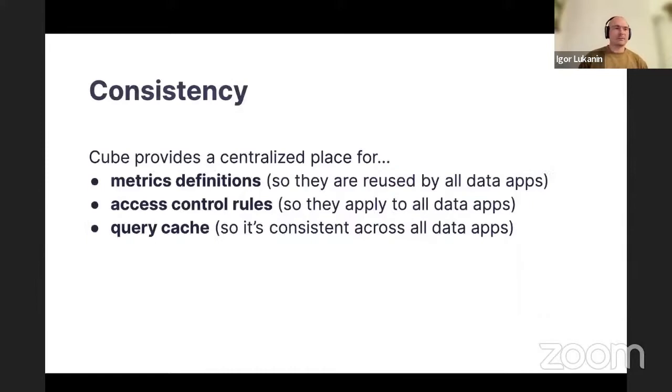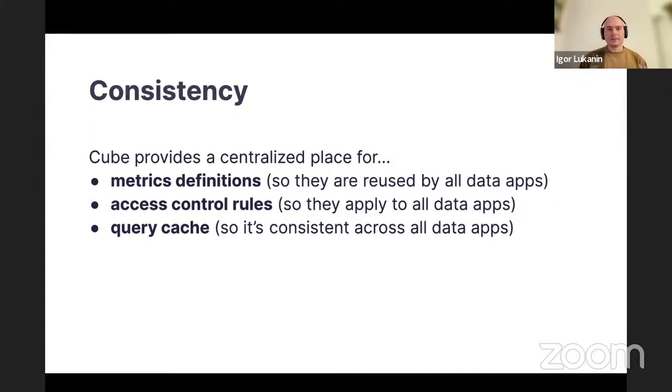Let's dive deep into some of the Cube features and talk about the key ones. One of the things that Cube provides is consistency, and that is provided on different levels.